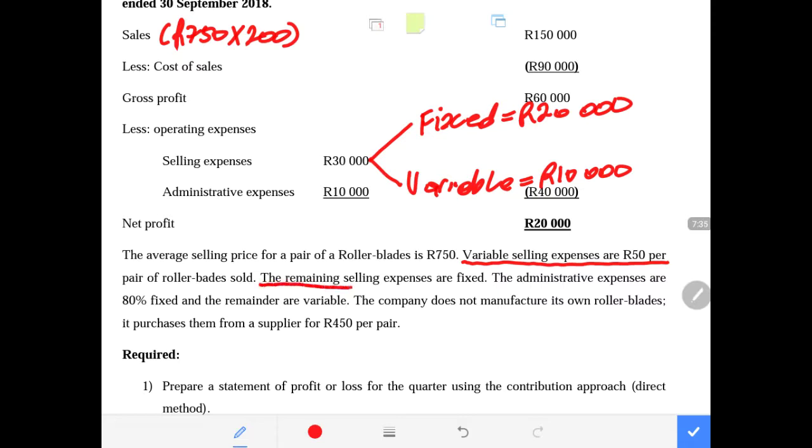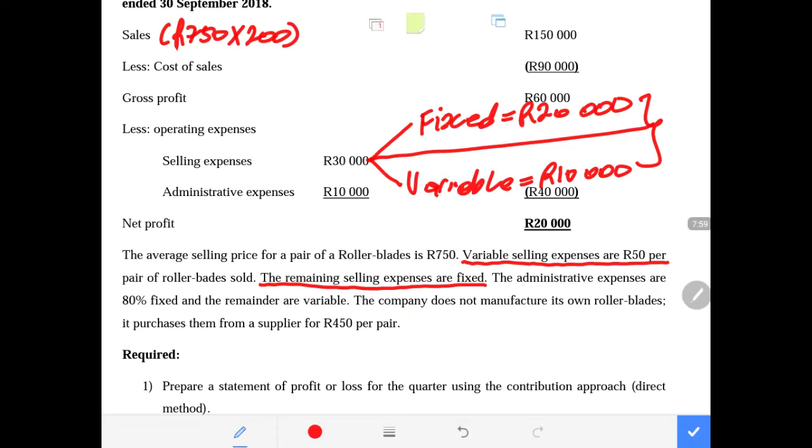Then the remaining balance of the expenses is fixed, which is the 20,000 out of that 30,000. So take note that the sum of these two gives us the same 30,000 rands, as it was supposed to be.